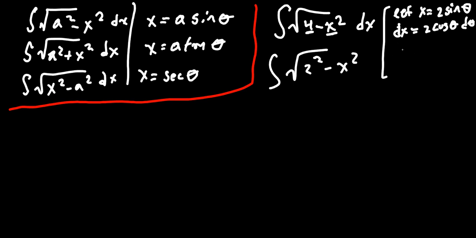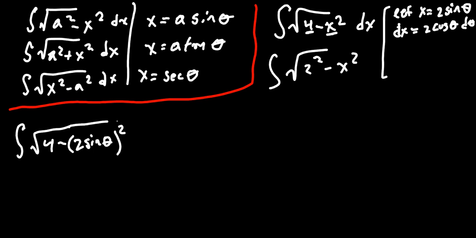Okay, so now what we're going to do is simply rewrite this integral as the square root of 4 minus, remember, x is equal to 2 sine theta, squared, times secant theta. We could put the 1/2 on the outside, and then we'll have d theta. All right.